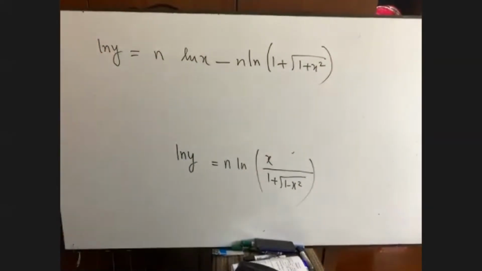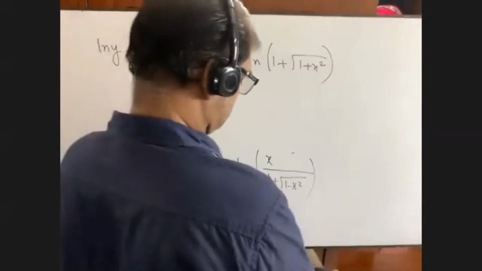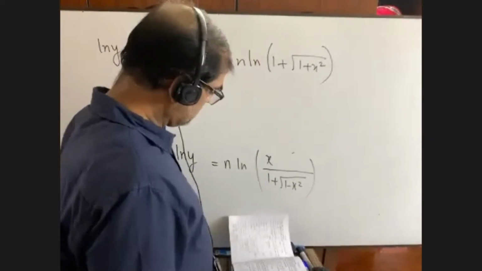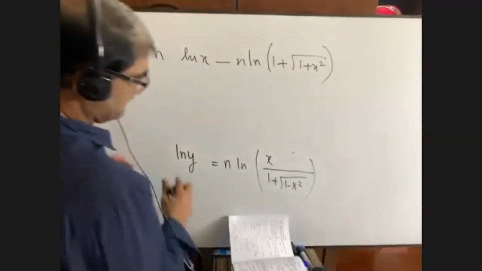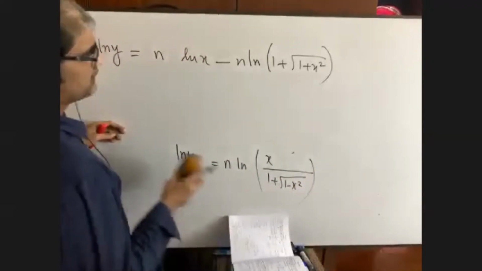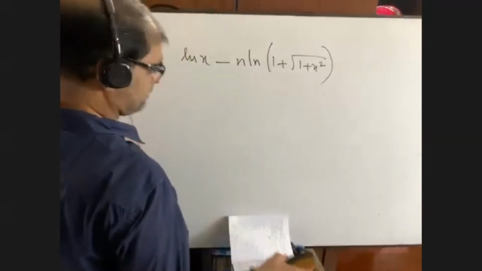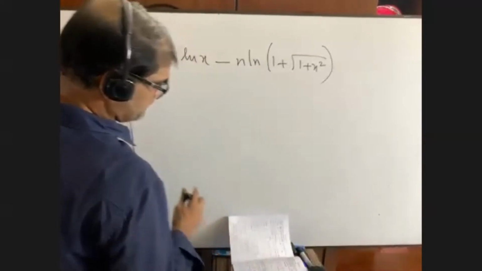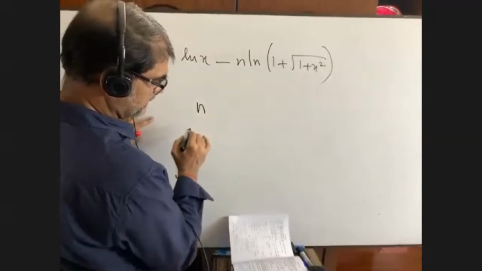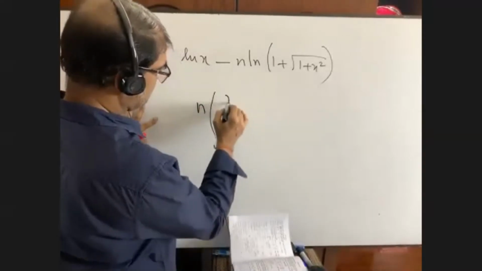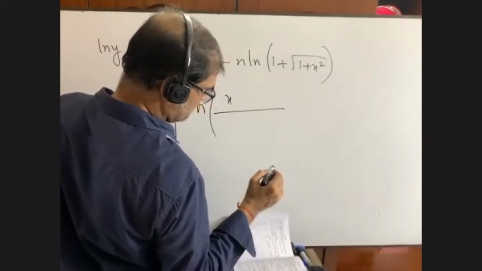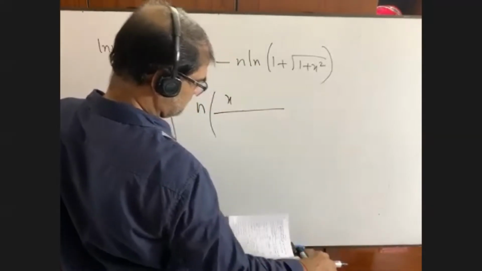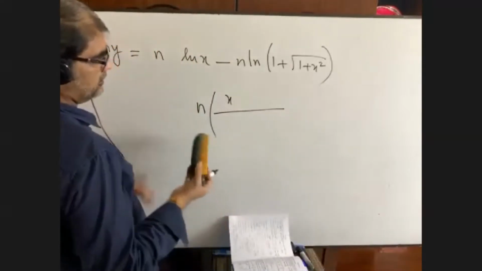Now it is your turn to do. I will not do it. Its answer is n x by... I can write the answer, but it is horrible.